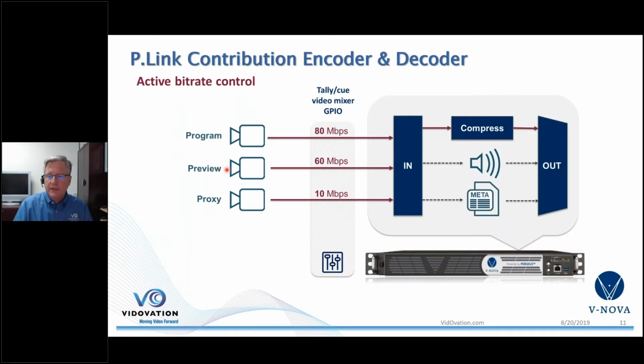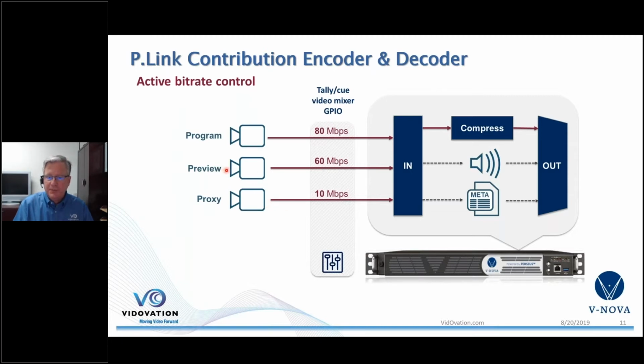The TD is selecting the camera he's going to take next in preview, and then these proxy feeds could just be for the multi-viewer, so that the director can see what shots he wants to take. You can see through an open API that hooks into the production switcher, or through GPI contact, some sort of handshake between the production switcher and the VNova P.Link platform.